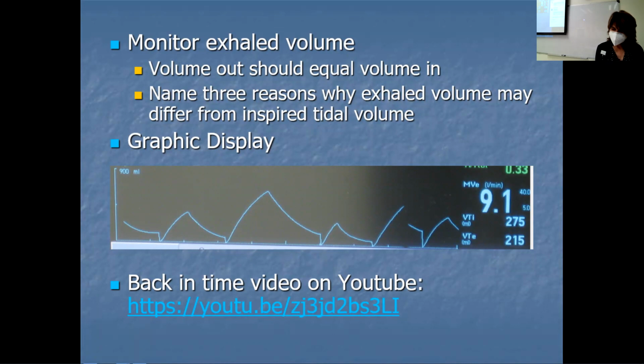Next one is incomplete exhalation. When a patient breathes in and they're breathing out, maybe they get ready to say something and they breathe back in before they've exhaled all their air.